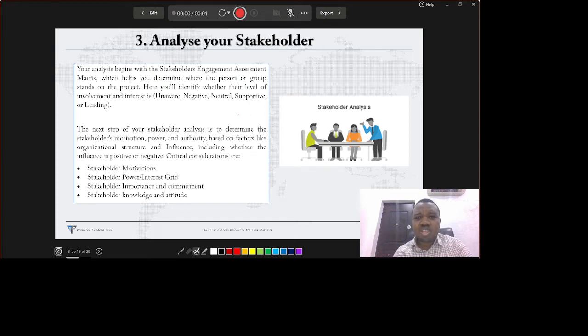accordingly. So after identifying your stakeholders and after classifying them, you then need to analyze them. One of the reasons for putting them into a container or into strata is that it aids the analysis of those stakeholders. So you can analyze as a group or as an individual. It equally saves you time, and there are possibilities that you might see similar traits when you are analyzing your stakeholders.